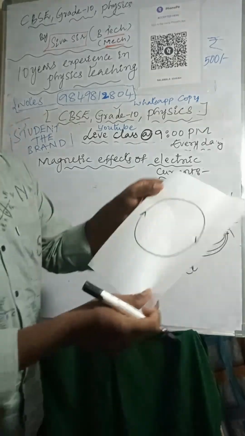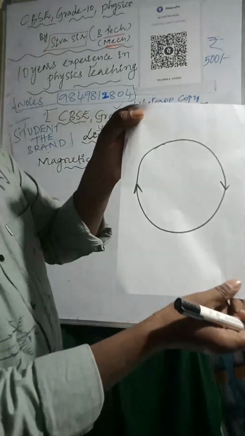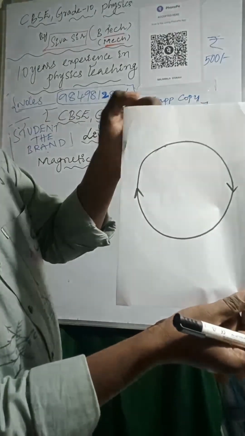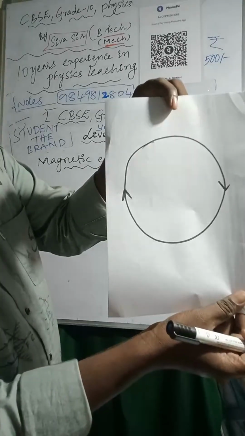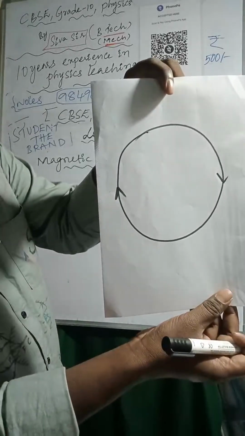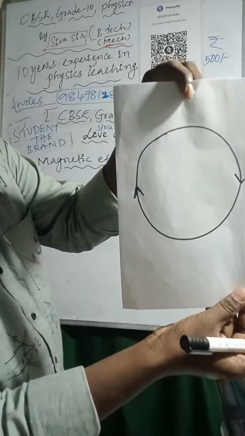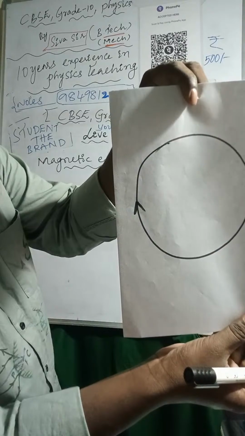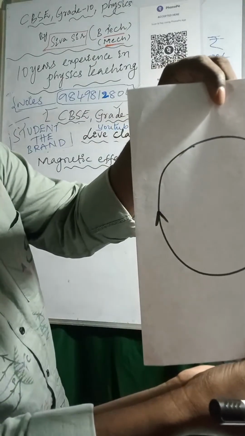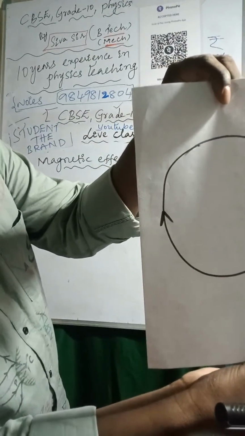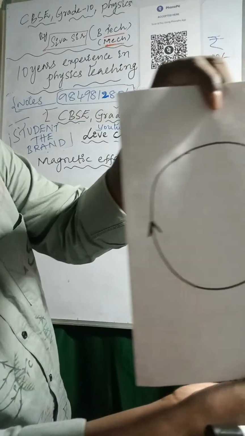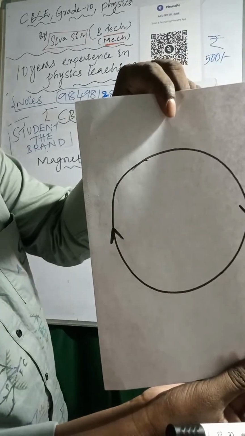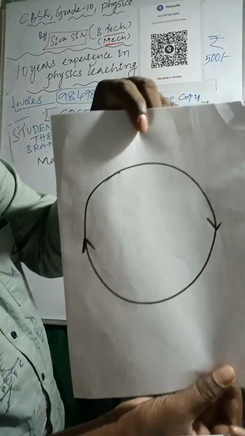You can see here the direction of the magnetic field. Suppose you consider the current direction. Anti-clockwise or clockwise? Can you tell? Clockwise direction, correct? So like this you can consider here.